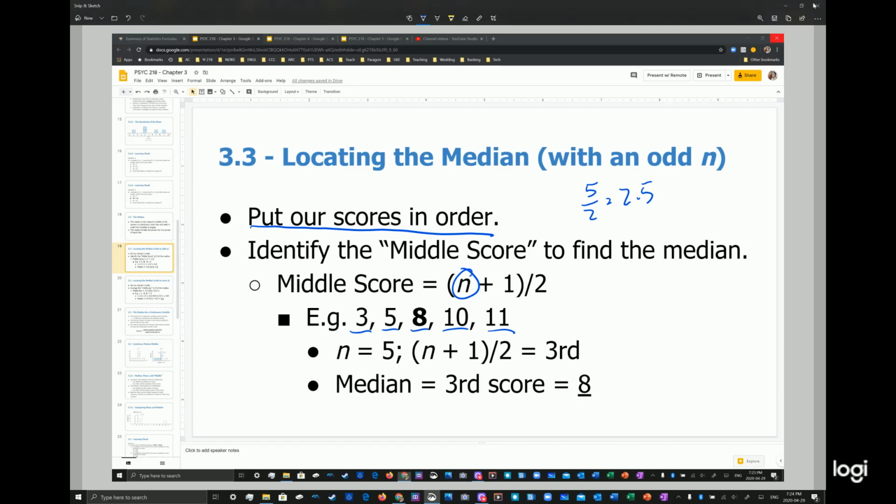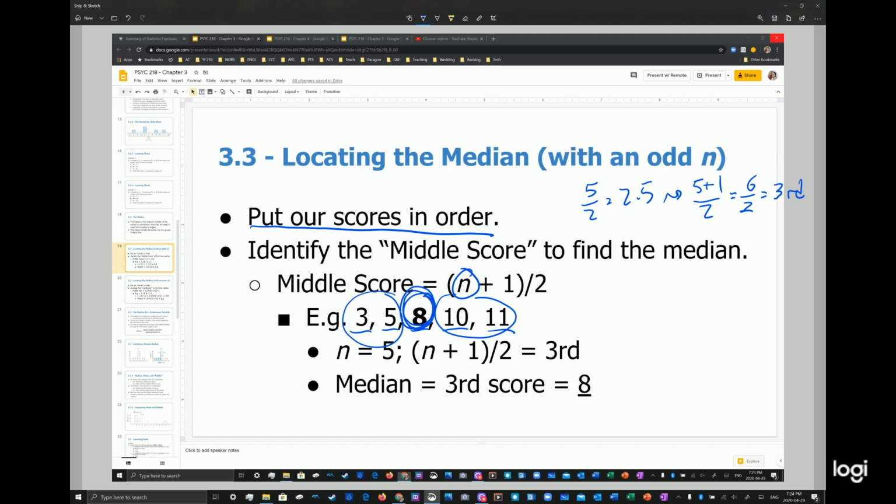So instead we add 1: 5 plus 1 divided by 2. Here's 6 divided by 2, and that's 3. The third score is the middle score because there are 2 scores on the left and 2 scores on the right. So the third score is the middle score when there are 5 scores.